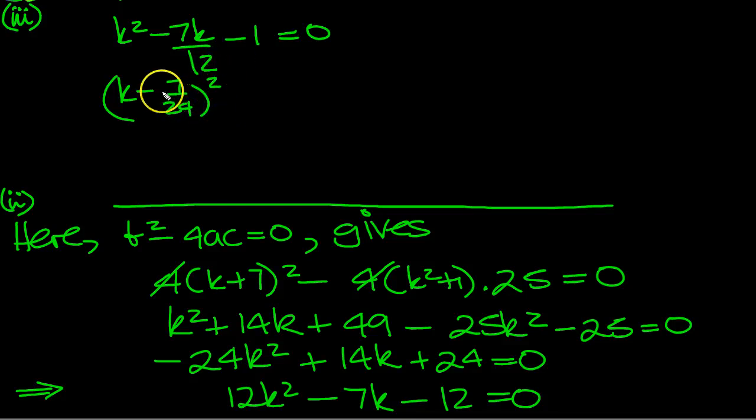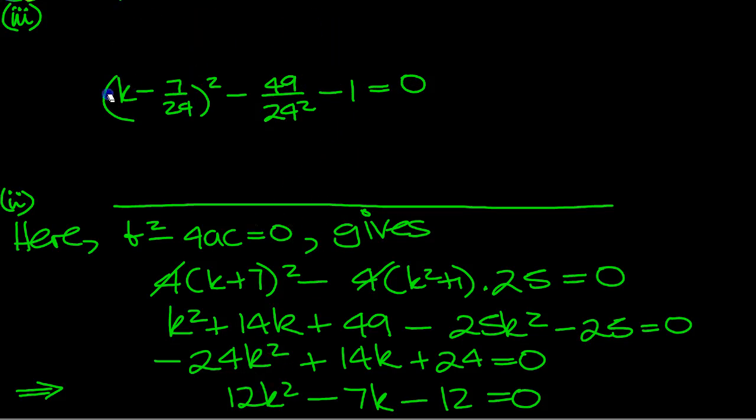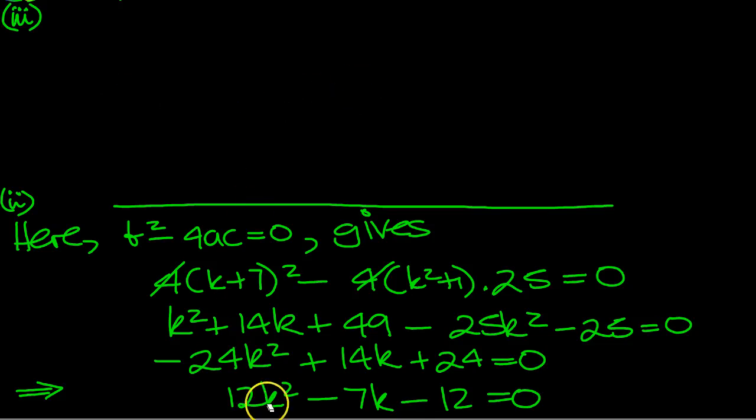And then we need a minus 49 over 24 squared to counteract that. Minus the 1 equals 0. So should we just use the formula? Probably best, isn't it? So let's just use the formula. That's awkward, and I can't factorize it, I don't think, although I'll try. Well, let's have a go at factorizing it then.